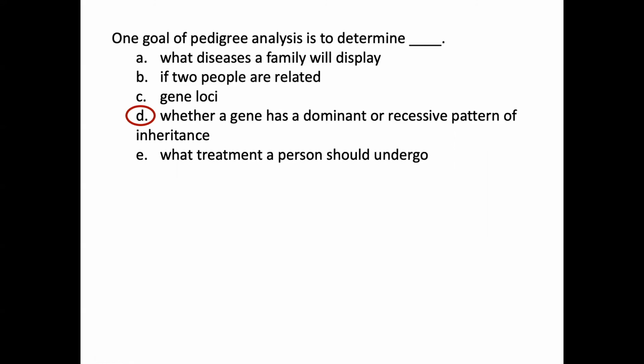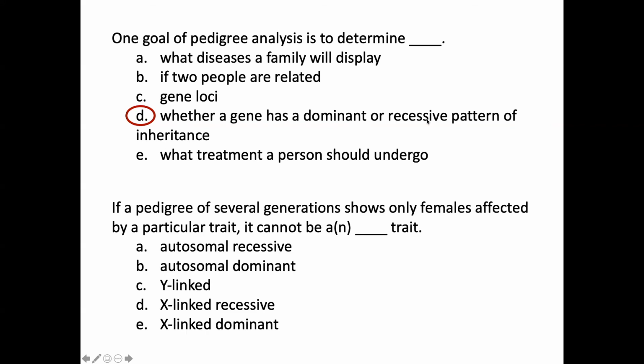We have gone through a lot of pedigree analysis, and it did not give out detailed information on what exactly the disease is, or chromosome localization of a gene, or provide any option on disease treatment, shown in the last option. But it does show the inherited pattern such as dominant or recessive. So D is correct.